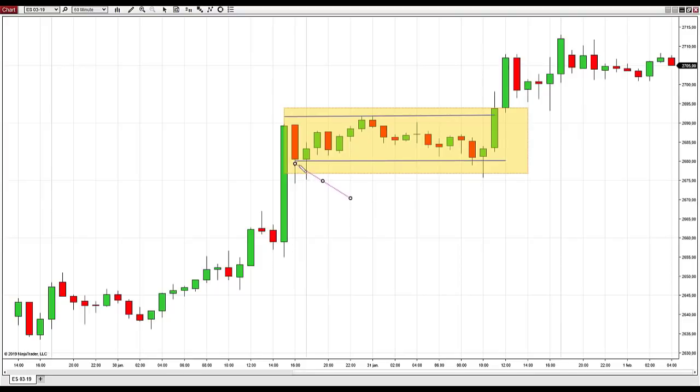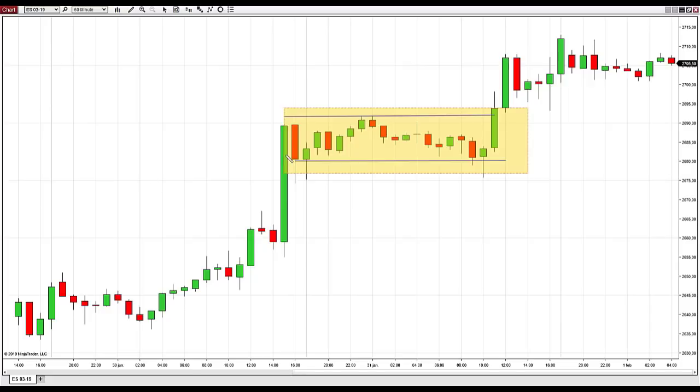You see these shadows here, they still penetrate quite far down below this channel, but we're still having support at this approximate level right here, somewhere around 2665, 2680. That's an approximate level of support.